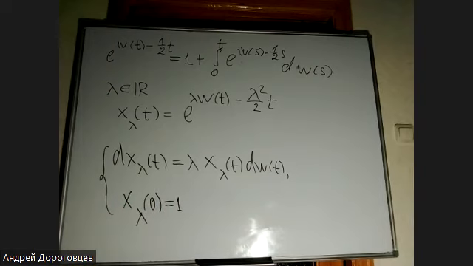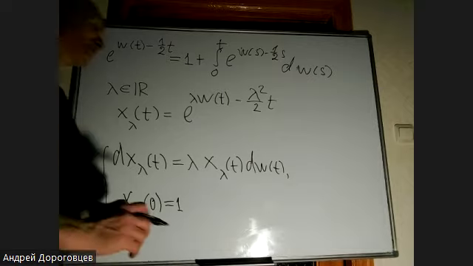Okay, so you see that we have such a Cauchy problem for our stochastic exponent with the parameter lambda. By the way, this equation explains again the name stochastic exponent, because this equation is very similar to the usual equation for the exponent.